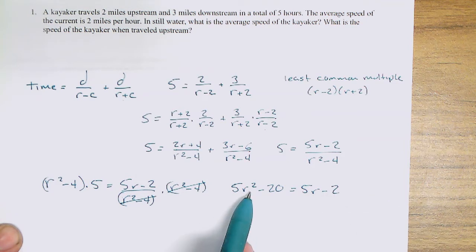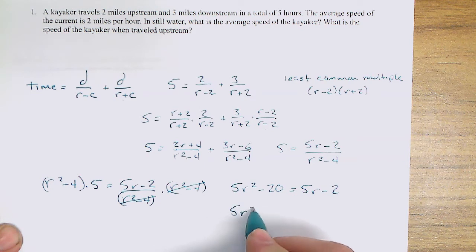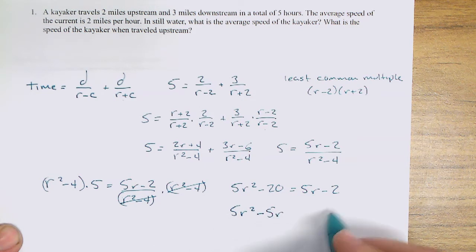Now, since we have a squared here, we've got a quadratic going on, so I need to set this equal to 0. So I'm going to subtract this from both sides. 5r squared minus 5r minus 18 equals 0.